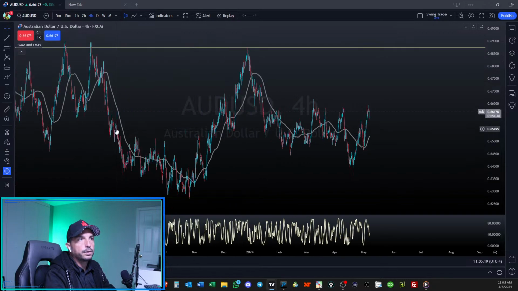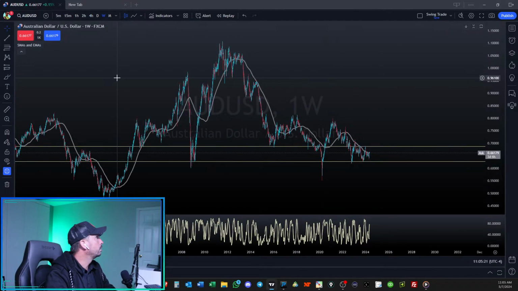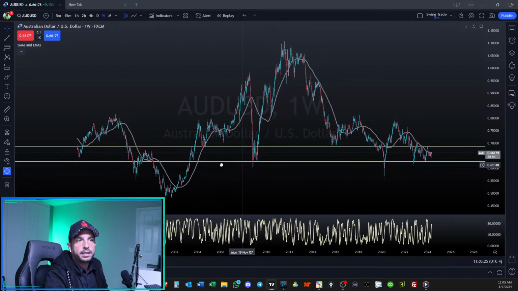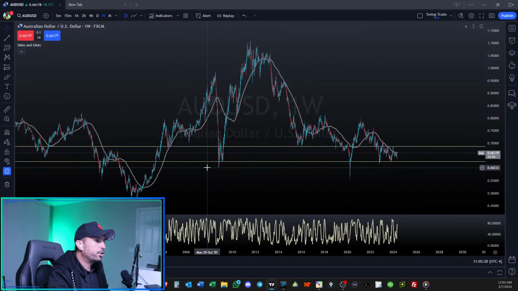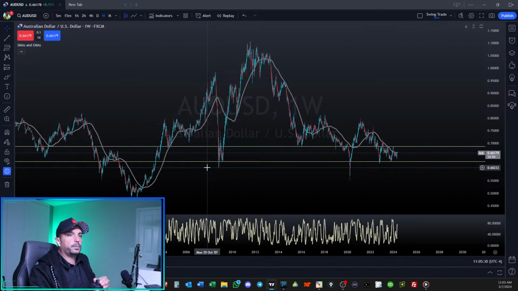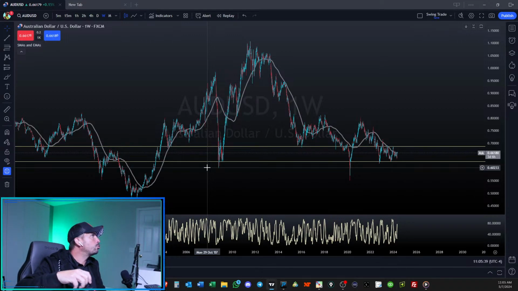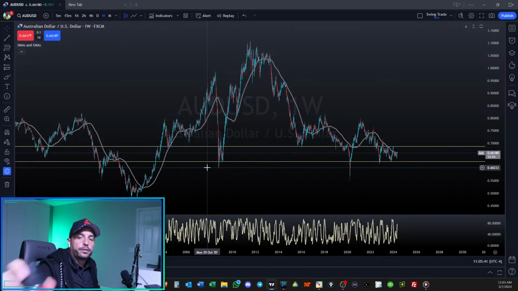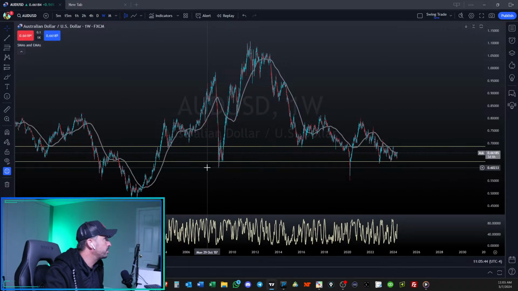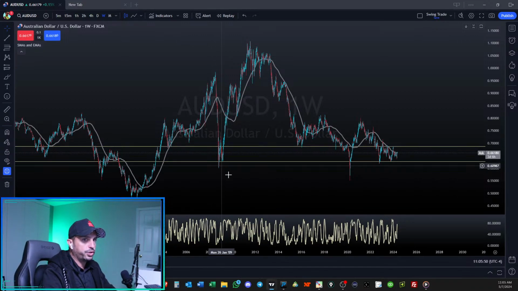Let's look at the bigger picture. Day trade, swing, and day. Okay, we'll look at the longer time frame first, and we'll go down just in case.